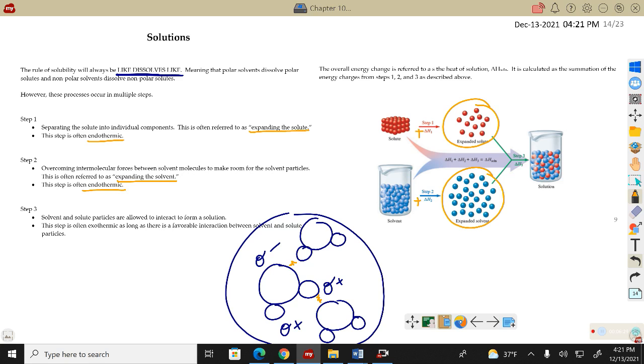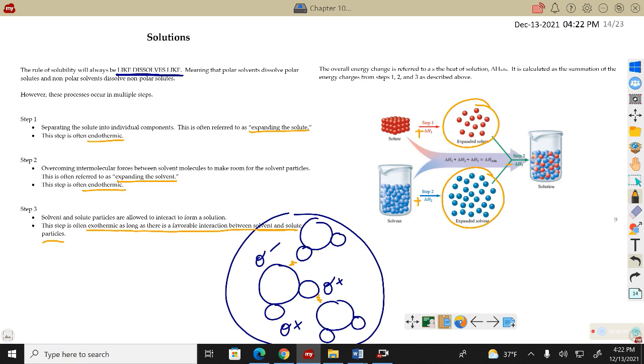This is often exothermic. Again, as long as there is a favorable interaction between the solvent and solute particles, meaning that like mixes with like. So if there's charges, then those charges are going to be attracted to each other, and as they mix, this becomes an exothermic, a negative process. Favorable.